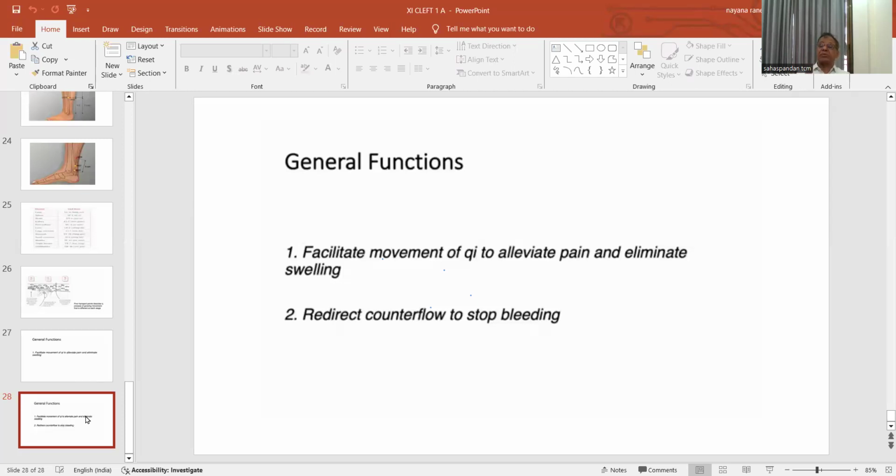The net result, somewhat counterintuitively, is an increase in channel circulation and an actual reduction in bleeding or bursting. This function often applies to the Xi-cleft points of the yin channels, as these are the ones which tend to direct and nourish the blood.